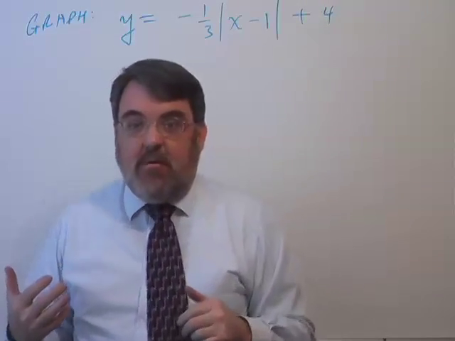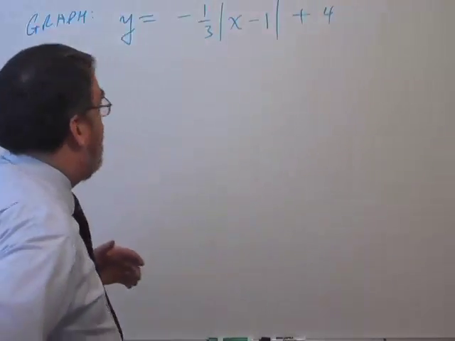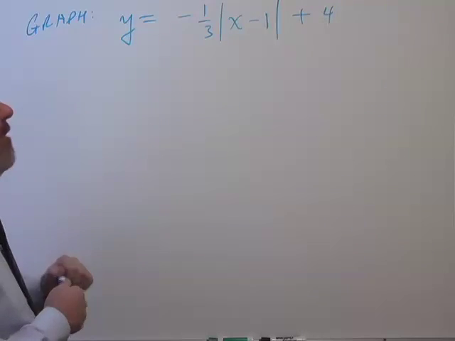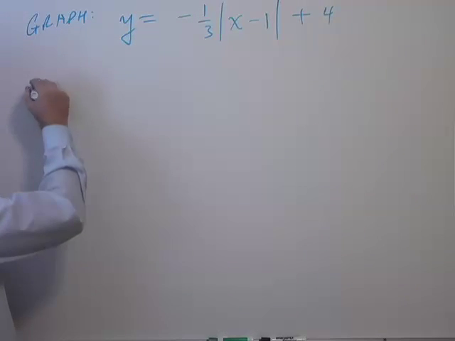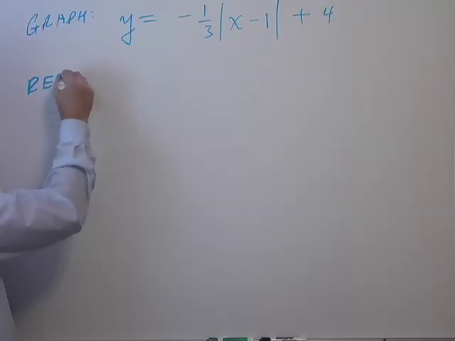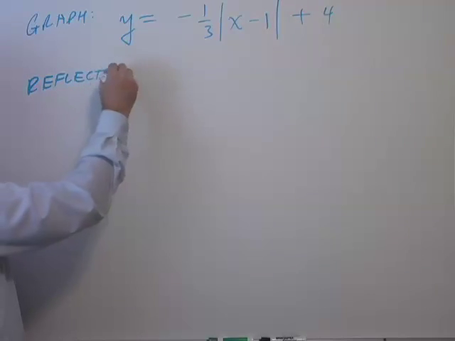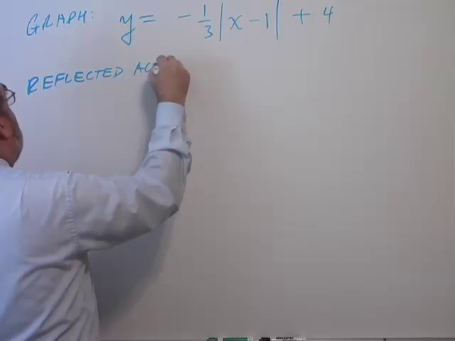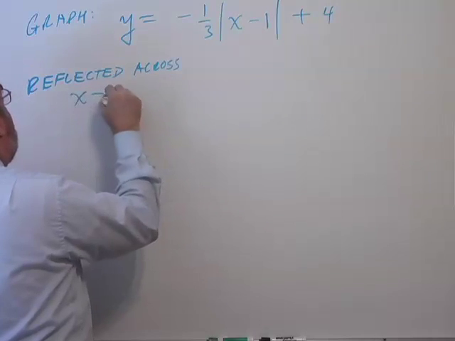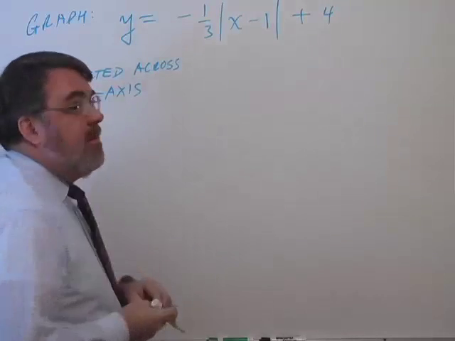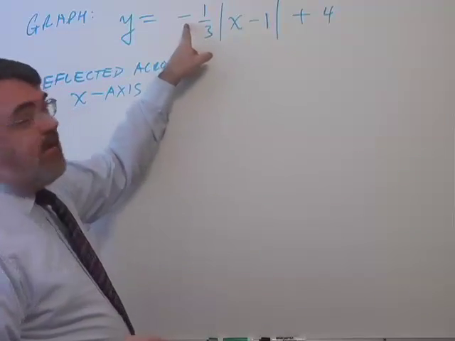For that, we need to know the transformations, of course. And what are the transformations? Well, it has been reflected across the x-axis. And how do you know that? It's because of the negative up here.